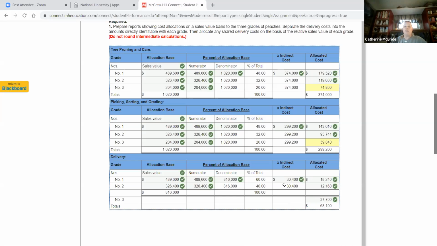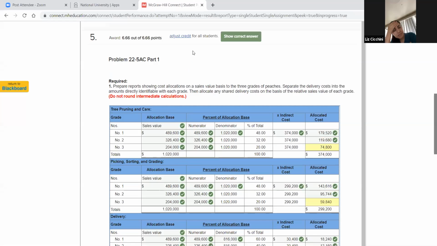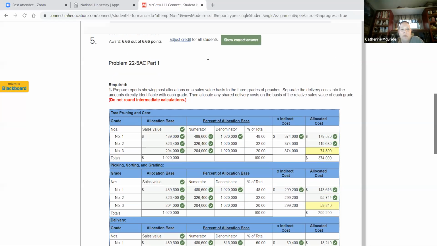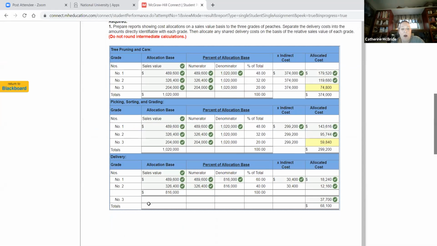Okay, so for the delivery, we know that 1 and 2 is together. We know that the company's delivery cost records show that 30,400 of the 68,100 relates to creating number 1 and 2. 37,700 relates to 3. So we know automatically that 37,700 relates to number 3.